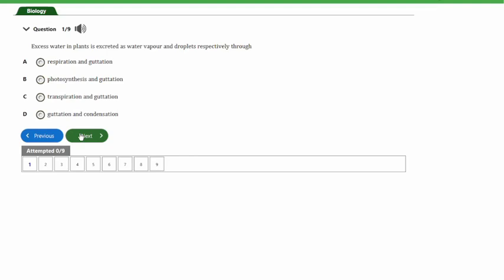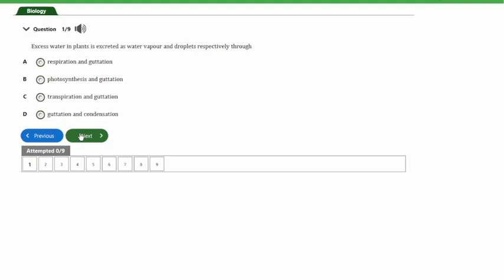The question says, excess water in plants is excreted as water vapor and droplets respectively through A. Respiration and guttation, B. Photosynthesis and guttation, C. Transpiration and guttation, D. Guttation and condensation.